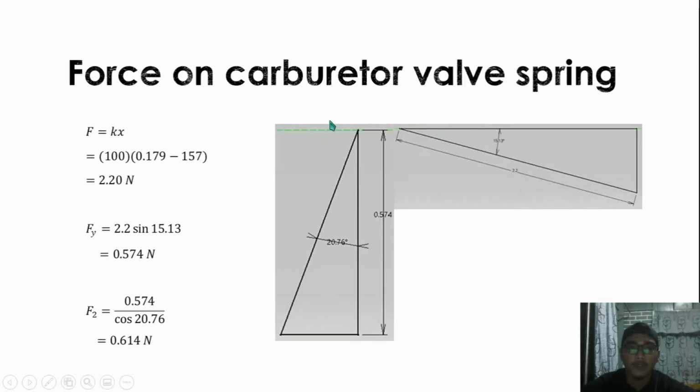Force on carburetor spring: we also use the same formula, which is 100 times 0.179 minus 0.157, and we get F of 2.2 Newton. And for F2 we also use trigonometry, and we get the value 0.614 Newton.